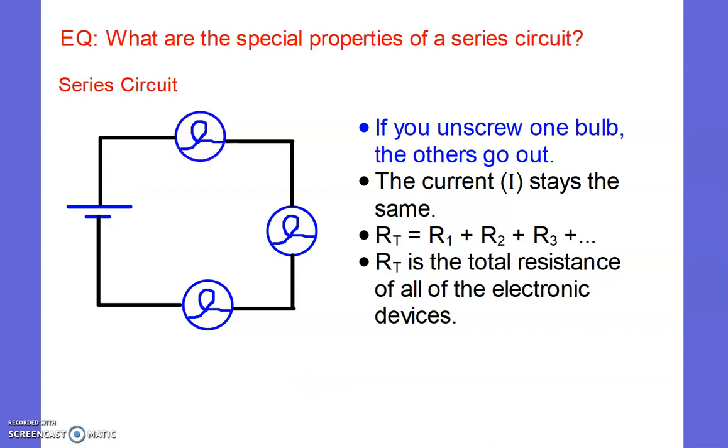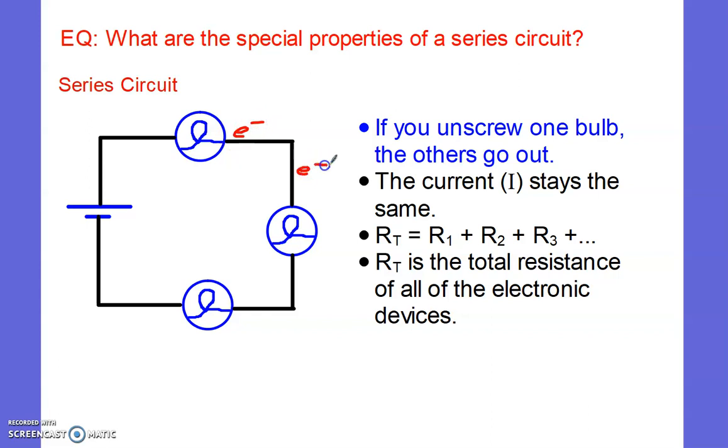Now, in a series circuit, all the currents are the same. The current in this light bulb, this light bulb, this light bulb, and the battery are all the same amount. To give you a visual analogy, remember that electricity is caused by the flowing of electrons.